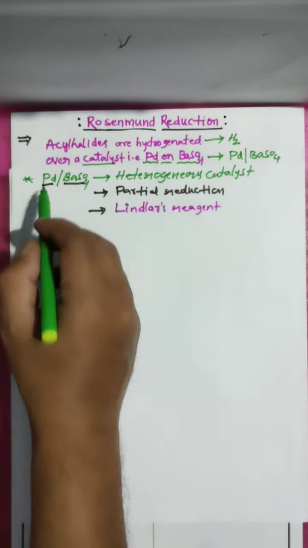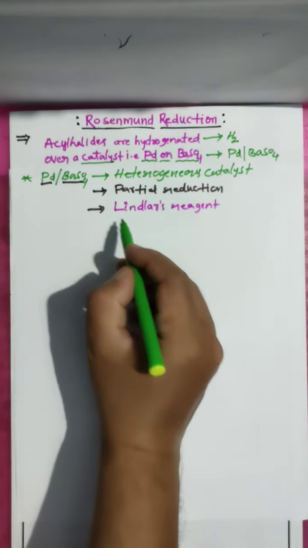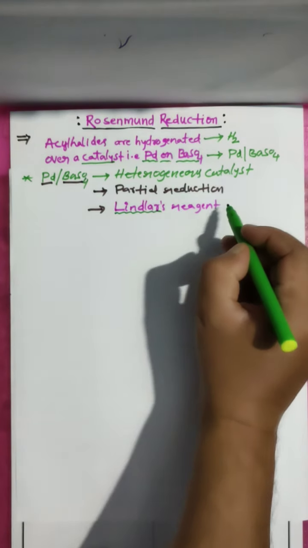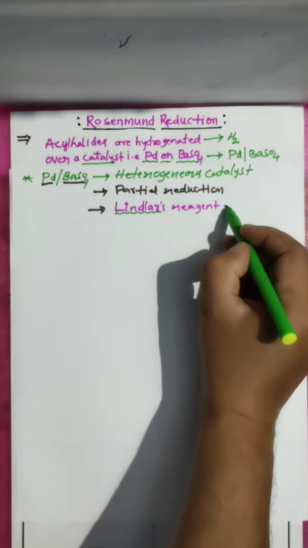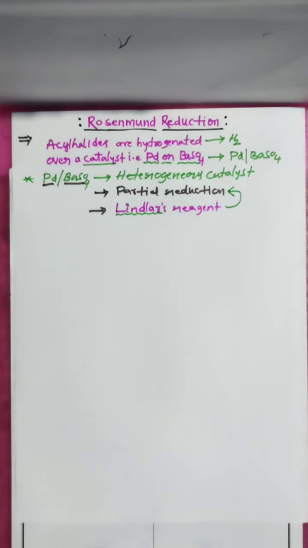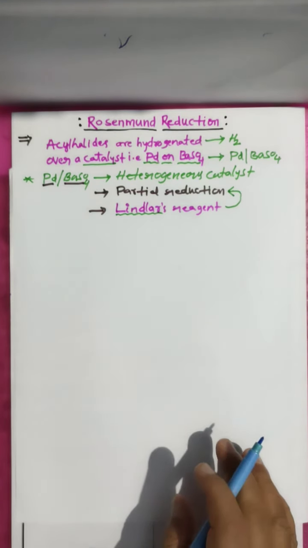He prepared that, he used that in the reaction. That's why it is called Lindlar's reagent. Lindlar's reagent is used for only partial reduction. It never gives complete reduction. That you have to remember.